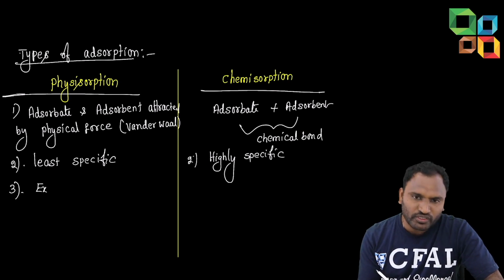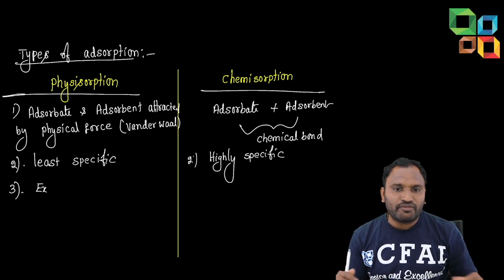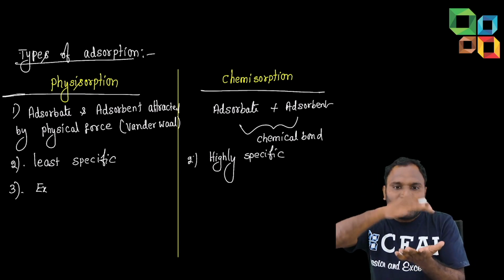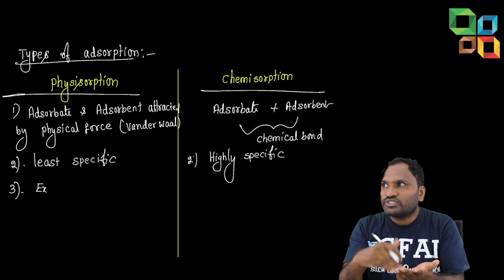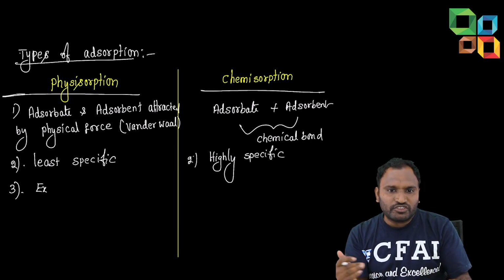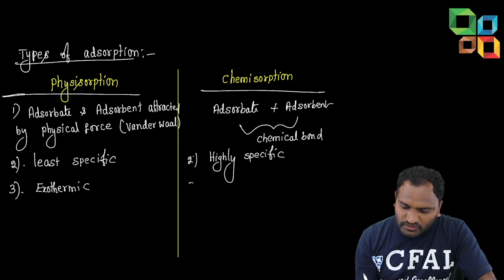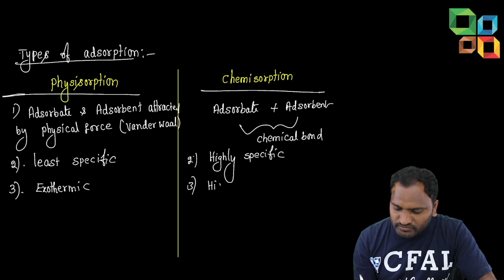Before adsorption, particles are free and have more energy. Once they get adsorbed on a particular surface, they lose that kinetic energy. Means they are losing energy, which means the process is exothermic. Chemisorption is highly exothermic.